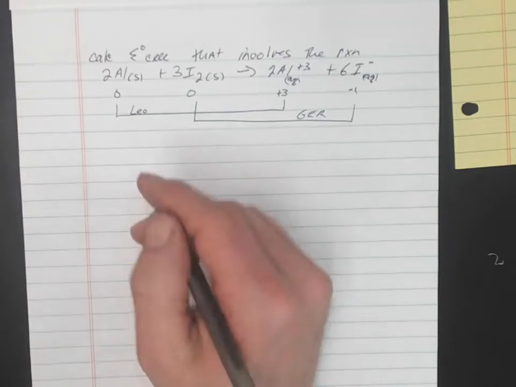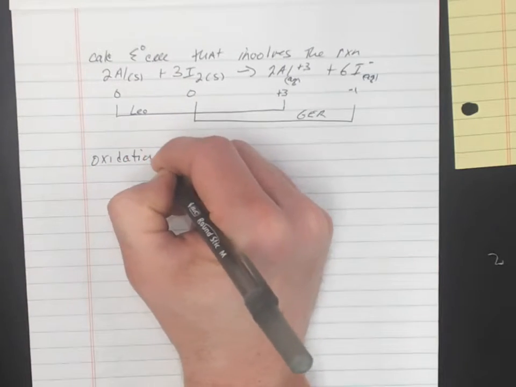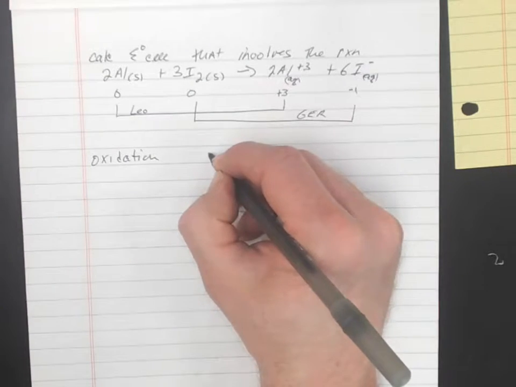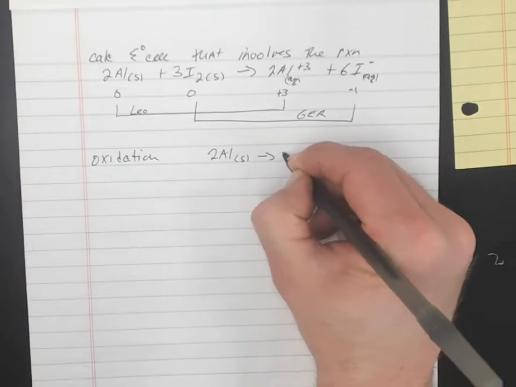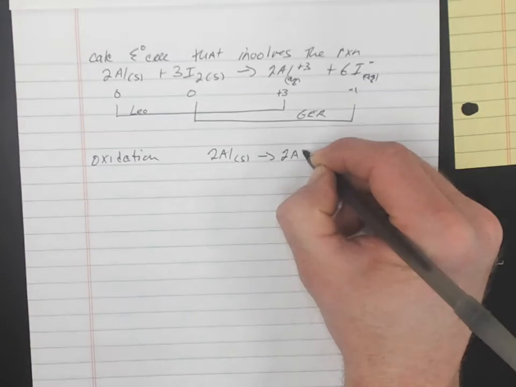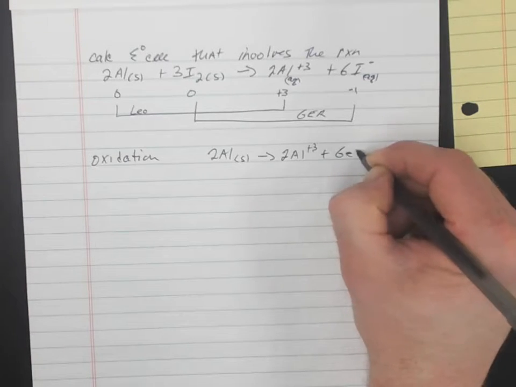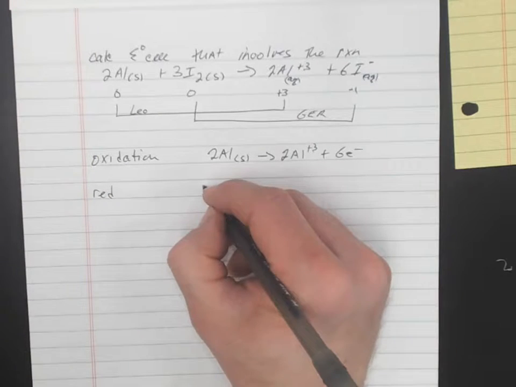Okay, so if we had to write our oxidation half reaction, how would you do it? Good job. And our reduction?